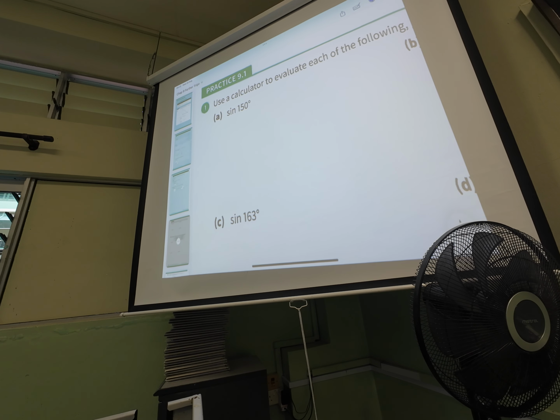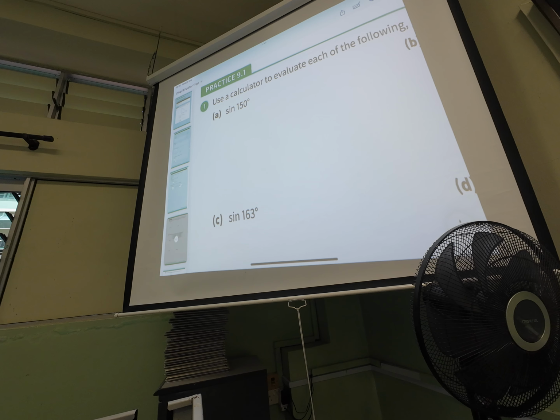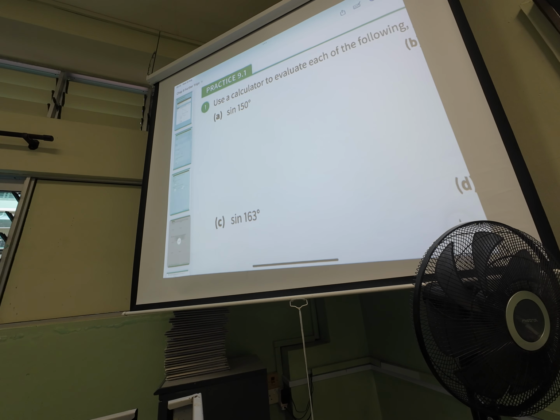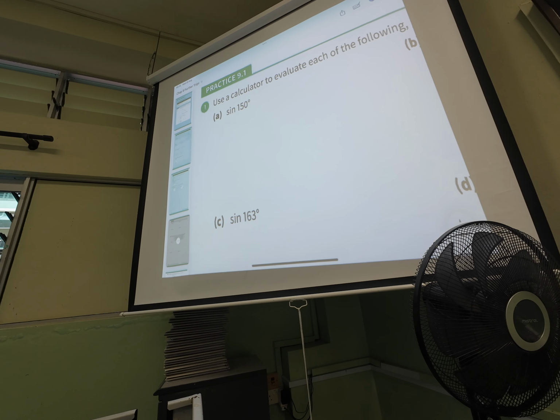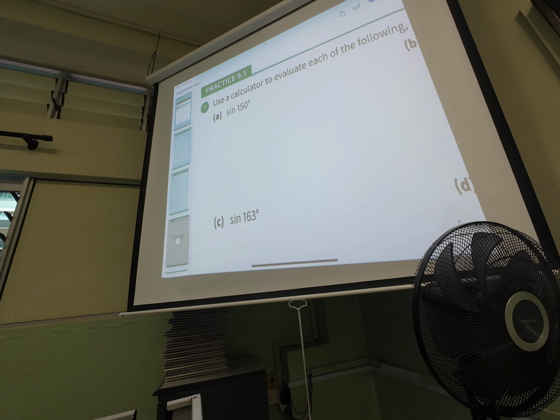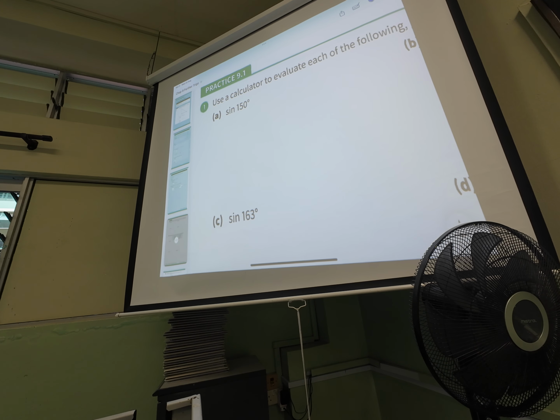Okay, let's go to page 138. Before we go into any of the solutions, after Monday's lesson, I hope you know what this actually means: sine 150. In real life, you cannot have a right angle triangle that is 150.